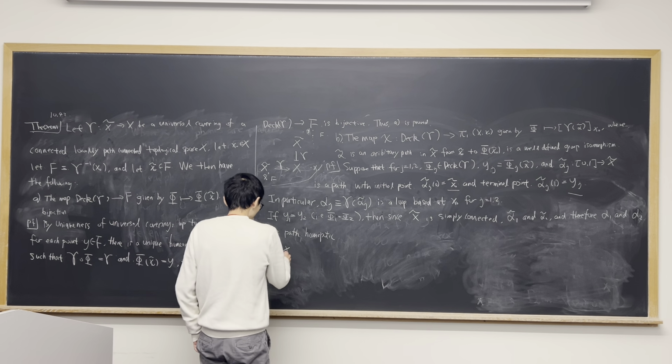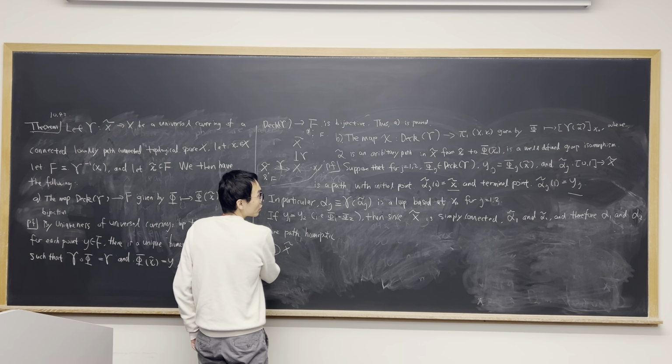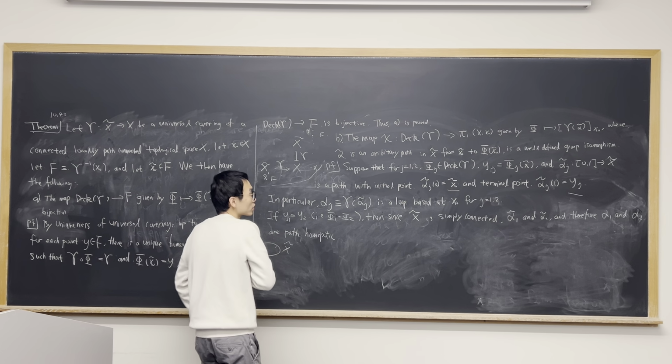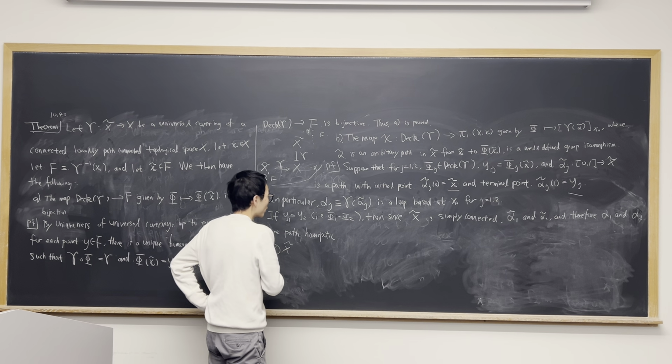Let's say this is x naught tilde, and then you have another point y1 equal to y2.